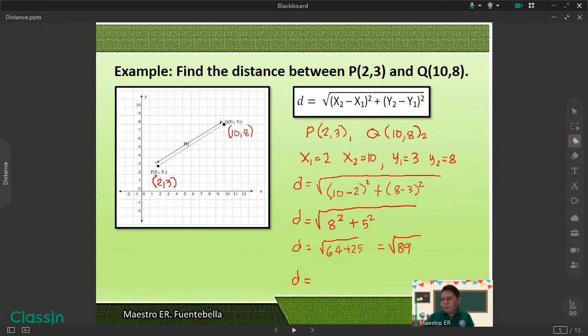So we have now square root of 89 equal to 9.4. Okay, so that's now the approximate distance of P to Q. So this is 9.4 distance from P to Q. Okay, so that's how to use the distance formula.